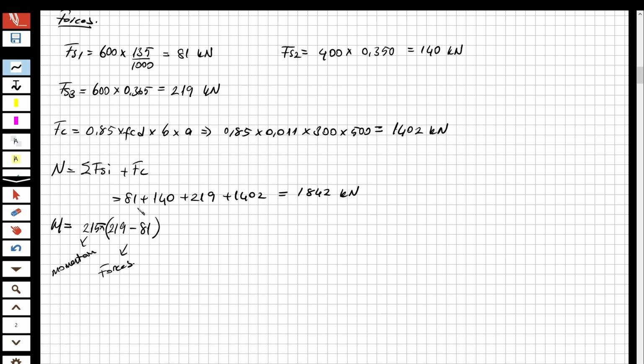I don't need to write the other forces, but I'm going to write them for you to understand: 140 multiplied by 0, and plus 1402 multiplied by 250 minus 250, if you remember. It's going to be equal to 30 kilonewton meter as the moment. So now this part is also okay. Let's make another assumption and solve it also.